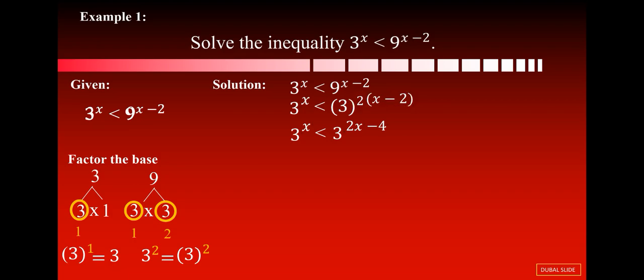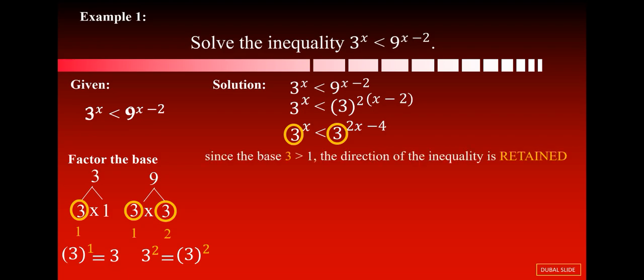As we can observe, our bases are of the same number already. So since the base is 3 and is greater than 1, the direction of our inequality is retained.